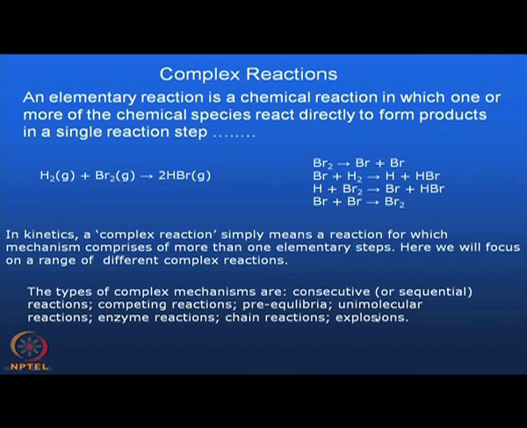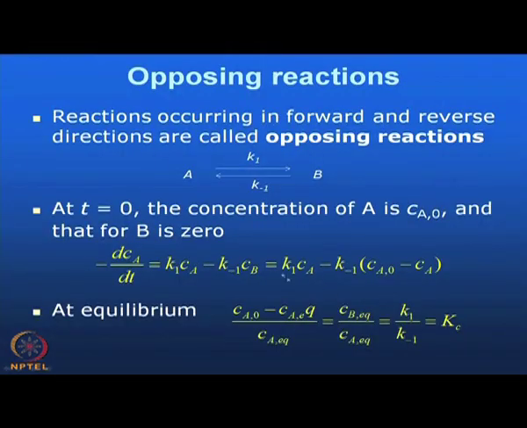And we have classified these complex reactions like consecutive reaction, competing reaction, pre-equilibria, then unimolecular reaction. Another is bioreaction, that is enzyme catalyzed reaction, chain reaction, we will come to that in a later lecture, and then explosion. Okay. Then we have discussed opposing reaction, that is one reaction which is opposed by another reaction producing your reactant back.